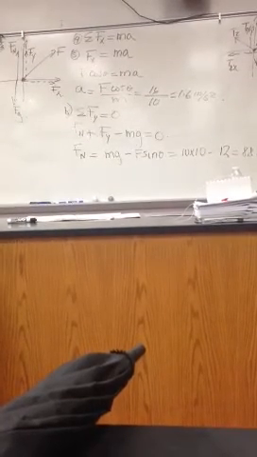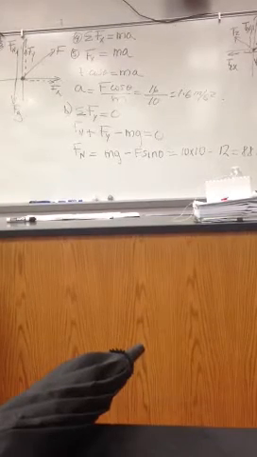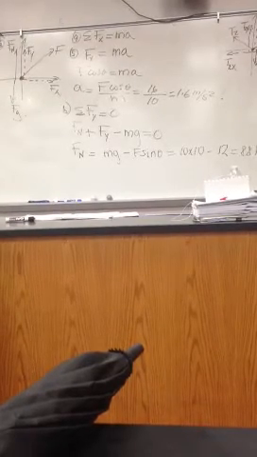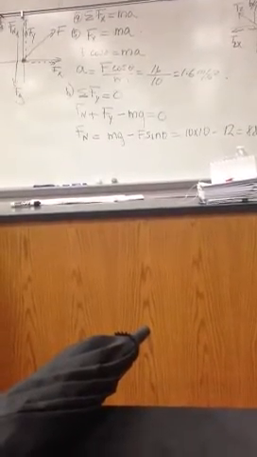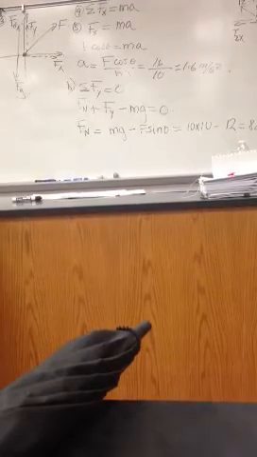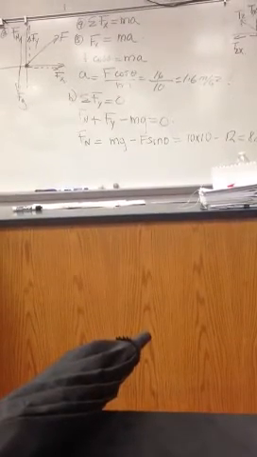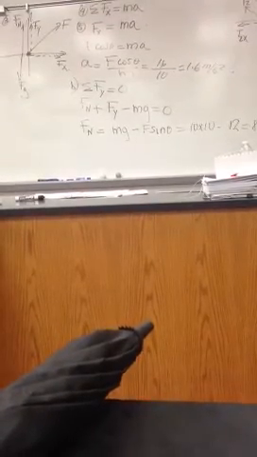In that case, Fn minus Fg is equal to 0, so Fn is equal to Fg. Or if I am pulling horizontally, like this, the normal force will be the same as Fg. But if you are pulling like this, no, it's not the same.